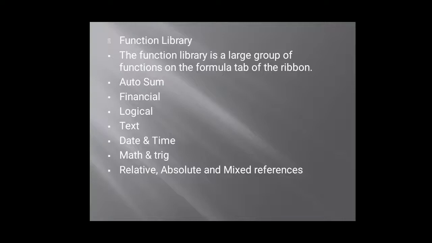Next is math and trig. Mathematical functions like your normal mathematics as well as trigonometric functions are there in math and trig. You also have relative, absolute and mixed references. What do relative, absolute and mixed references mean? Relative references call cells by just their column and row labels.